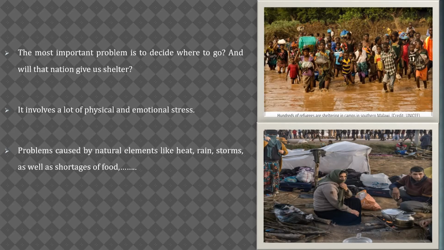It involves a lot of physical and emotional stress. Apart from this, there are problems caused by natural elements like heat, rain, storm, as well as shortage of food, sickness, etc. In this process, many people lose their lives too.